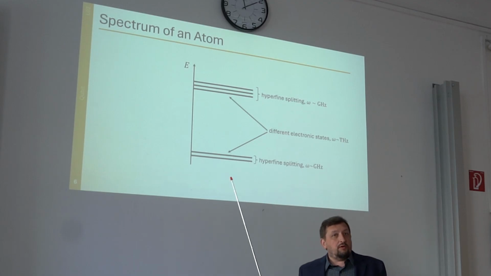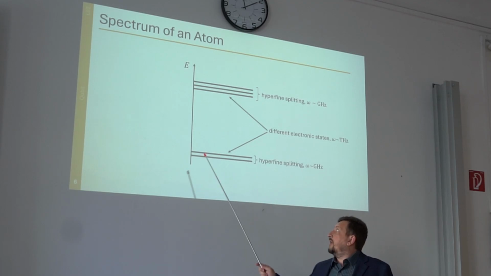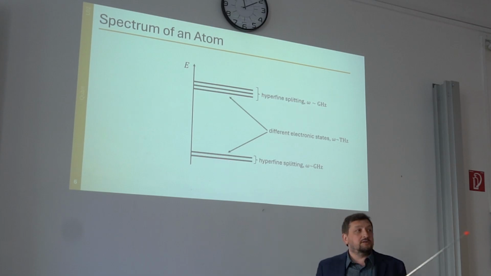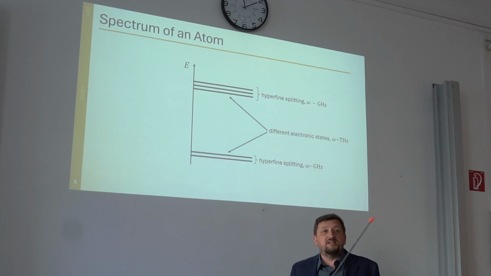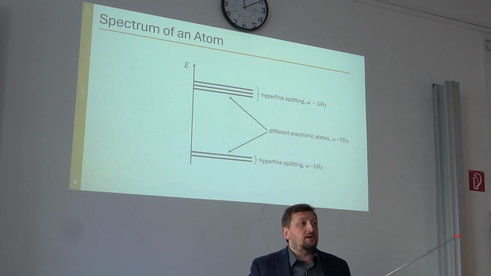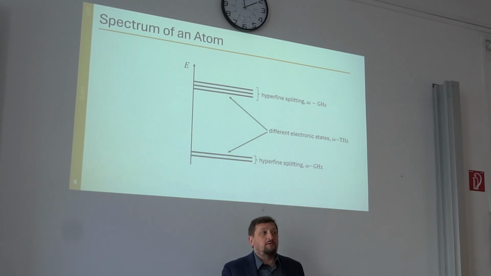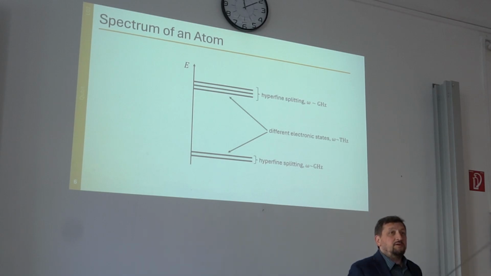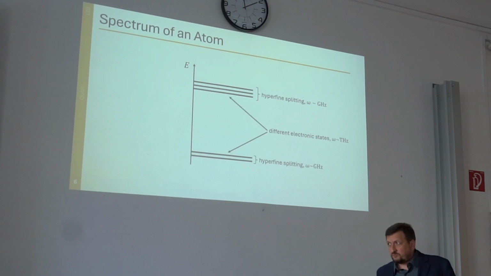But this is not the whole picture, because usually we have splitting of these energy levels because of some additional interactions which are not taken into account in the simple hydrogen model. For example, hyperfine interaction, the interaction between spin and orbital motion of the electron, and so on.